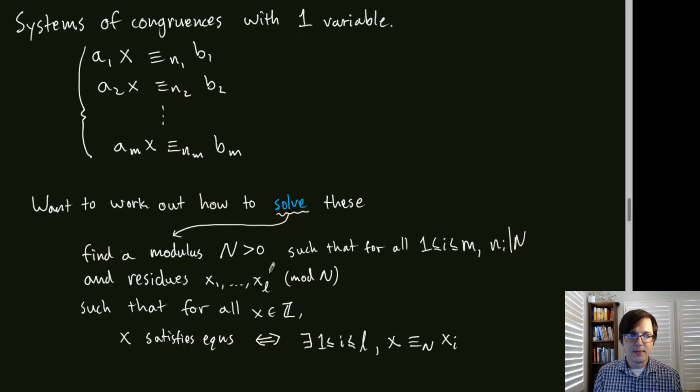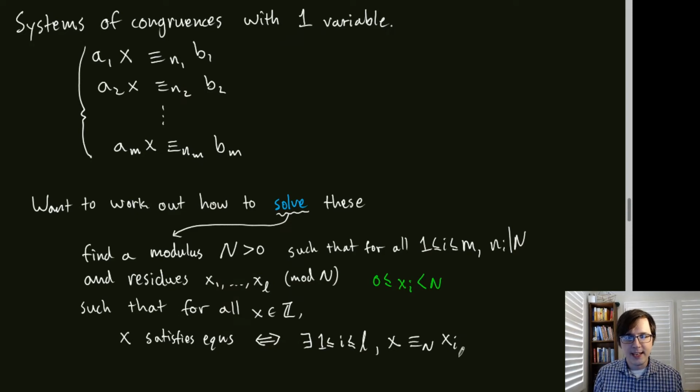And then we also want to find a collection of residues modulo N, so numbers 0 through capital N, not including N, such that whenever you have an integer x, then x satisfies the equations if and only if when we take that number modulo N, it equals one of the numbers in the list of residues.